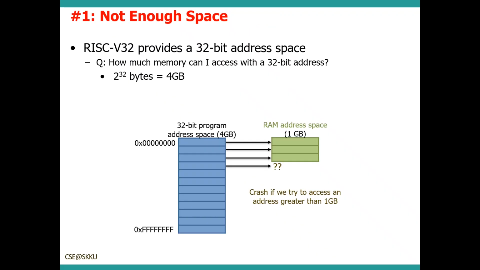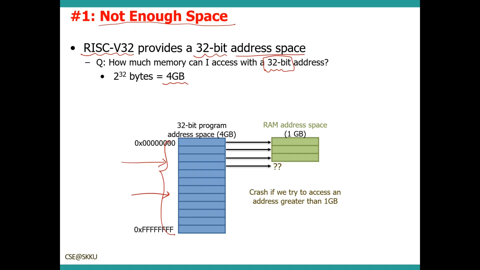First problem is not enough space. For example, if we use a 32-bit architecture, it can access a 32-bit address space. That means because the address can be represented using 32 bits, the total size of accessible memory space is 4 GB. So the program generates addresses in the 4 GB space.